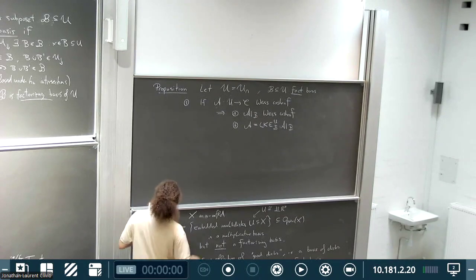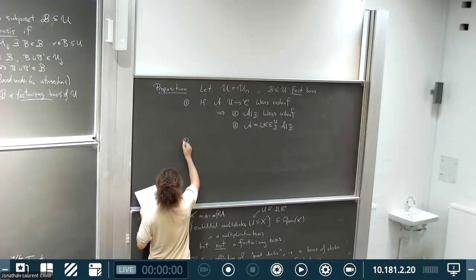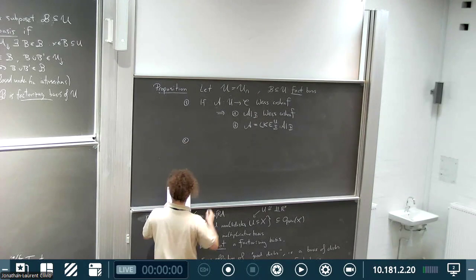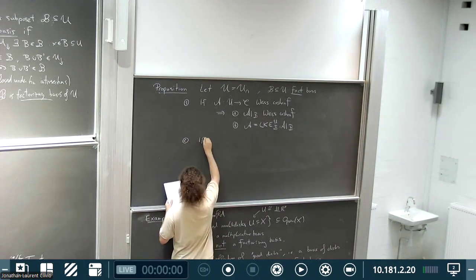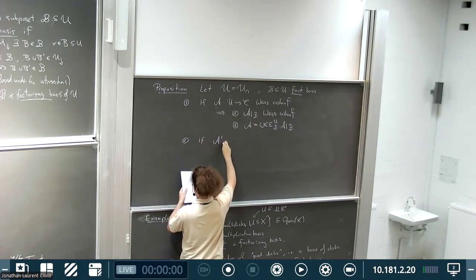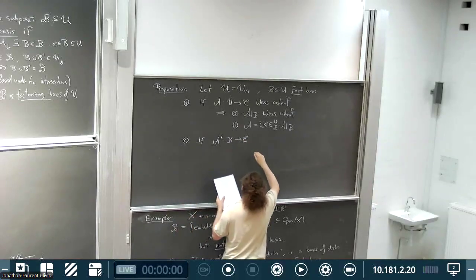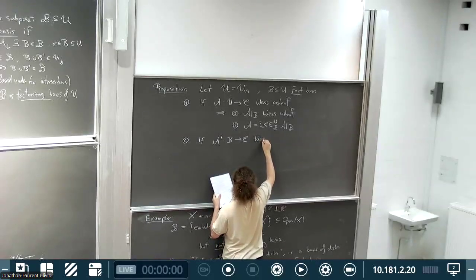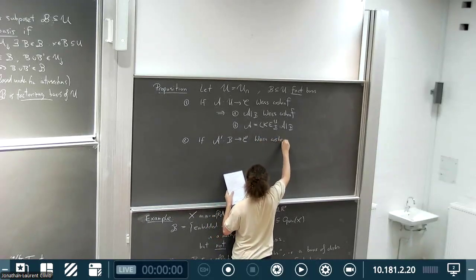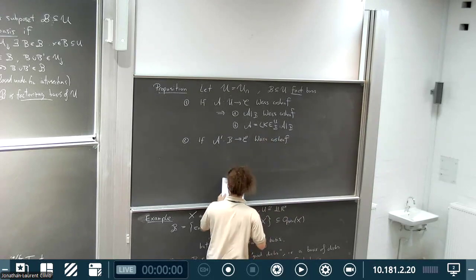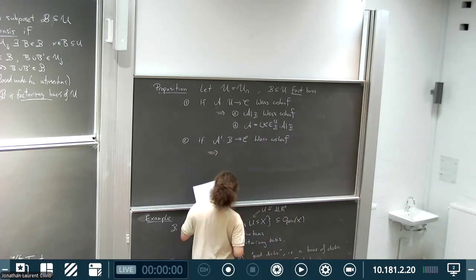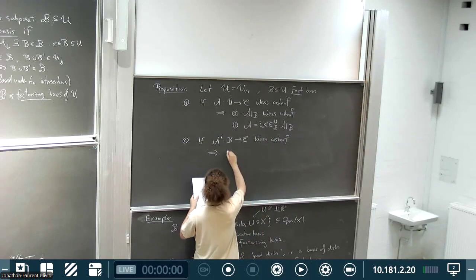So this is one statement, and then there's some sort of converse, which says that conversely, let's say we have some Weiss co-sheaf on the small thing. Then you can ask yourself what happens if you extend it back up.